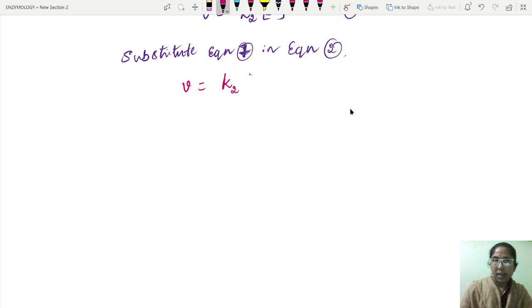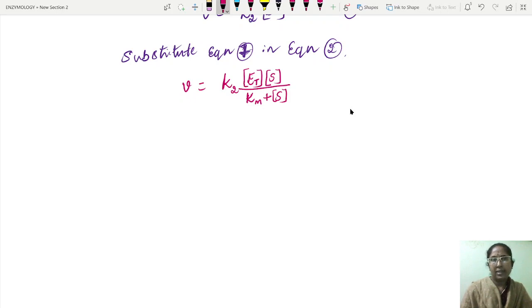ES is nothing but the concentration of total enzyme into concentration of the substrate, whole divided by (Km plus S). Okay, now let us understand the concept.